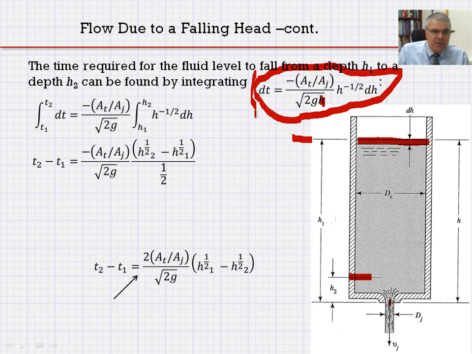We just simply take the integral of both sides. Okay, on the left hand side we take it with respect to t. On the right hand side we take it with respect to h. And this would be constant.